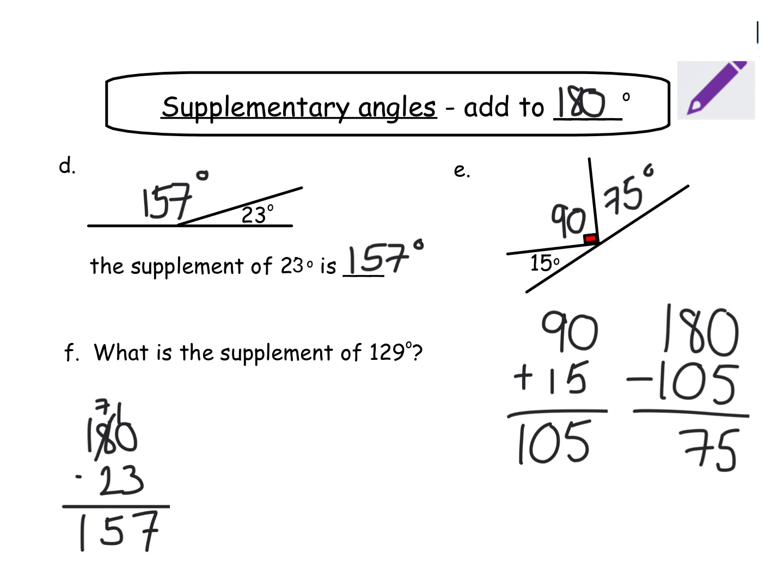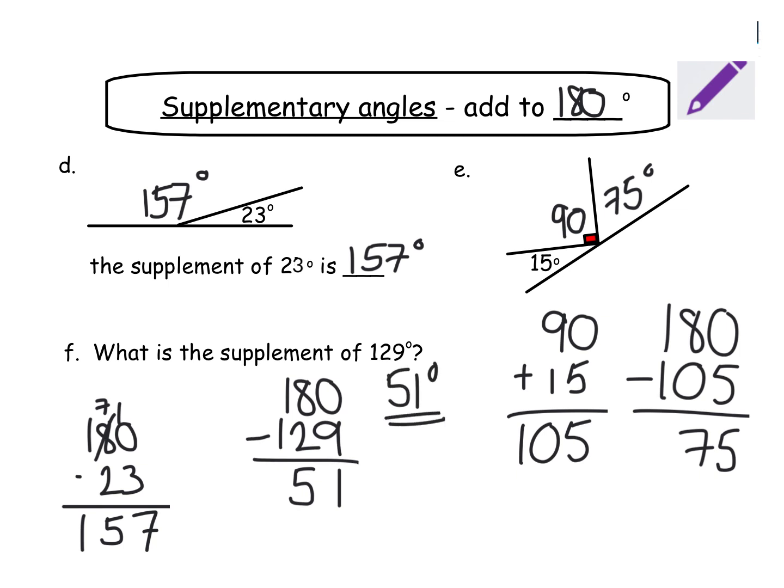Notice I haven't said what is the supplement of that angle. The supplement can only be a pair of angles that make 180. So for my last example, example F, what is the supplement of 129? I'm going to do 180 take away 129, and I'm going to use my counting up method this time. 1 takes me to 130, then I know I've got another 50 to go, so the supplement is 51 degrees.